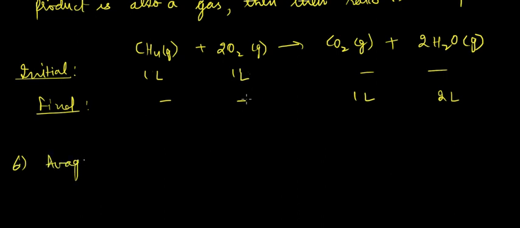Actually finally we would also have half a mole, or half a liter, of oxygen present in the mixture. Which half would be present? Exactly, this half would be present. Why? Because for every mole of CH4 we need 2 moles of oxygen gas.